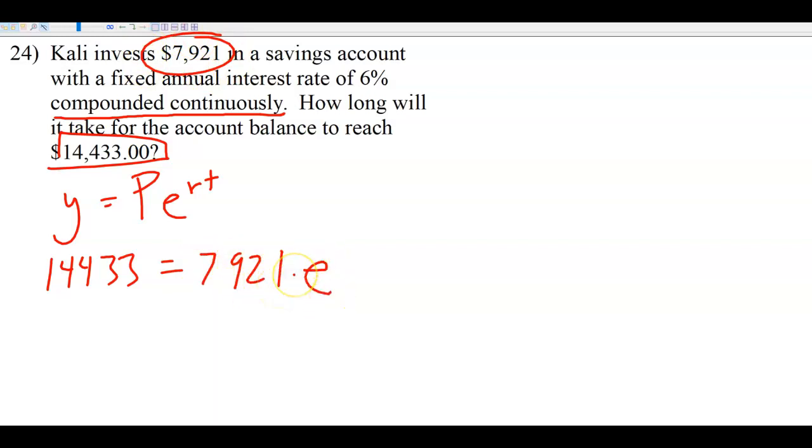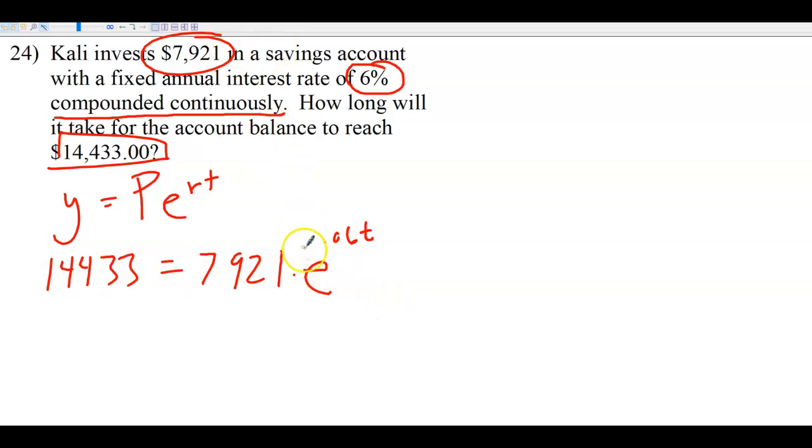E stays right where it is. R is this number, but divided by 100. Now usually with these, you have to decide if the R is positive or negative. But with these interest rate questions, they're always positive, so we don't have to worry about that. And I'm looking for time, which goes right here. So there's that one.